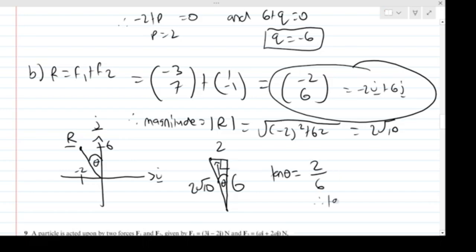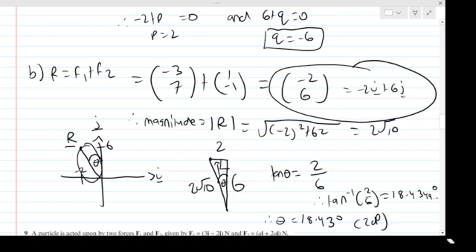Well, if you do inverse tan of that, of 2 over 6, that would be 18.4349 and so on degrees. So therefore theta is this angle. So theta is 18.43 degrees to 2 decimal places, okay? So that is the angle between the vector, so the line, and the y-axis there, okay?